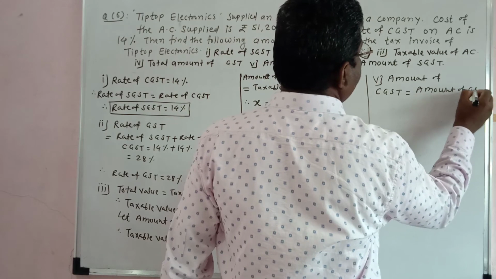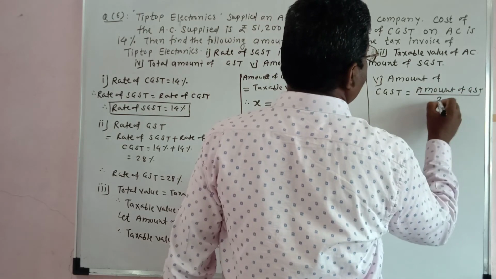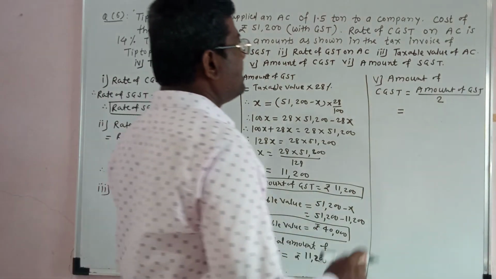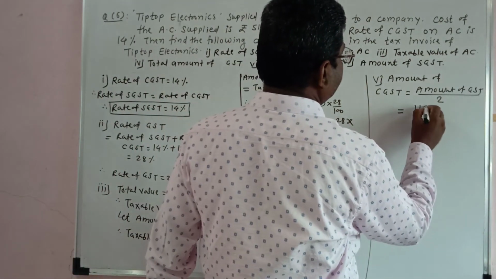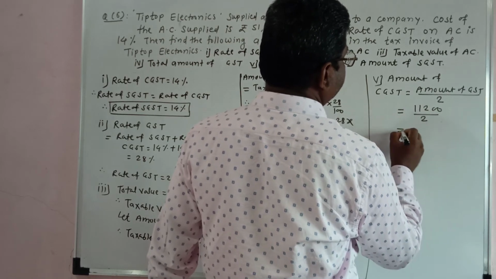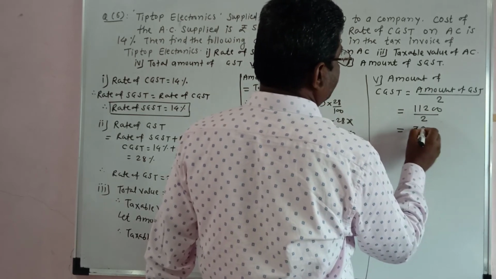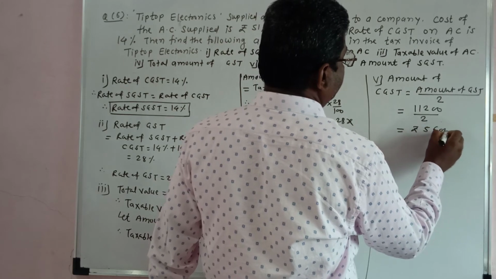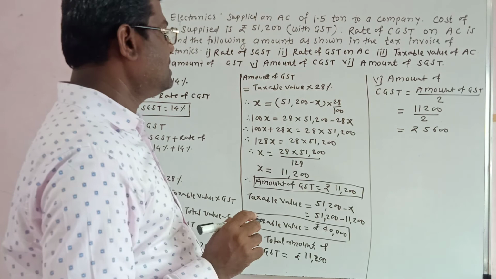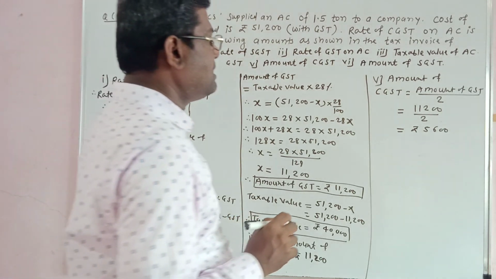So the amount of GST is 11,200 upon 2, which will be 5,600. Amount of CGST is 5,600.